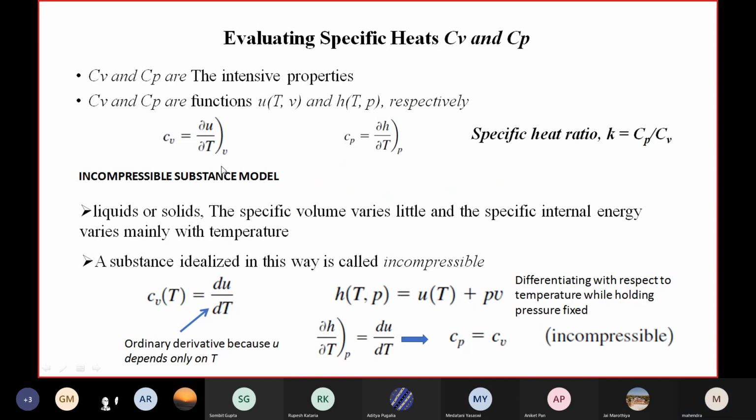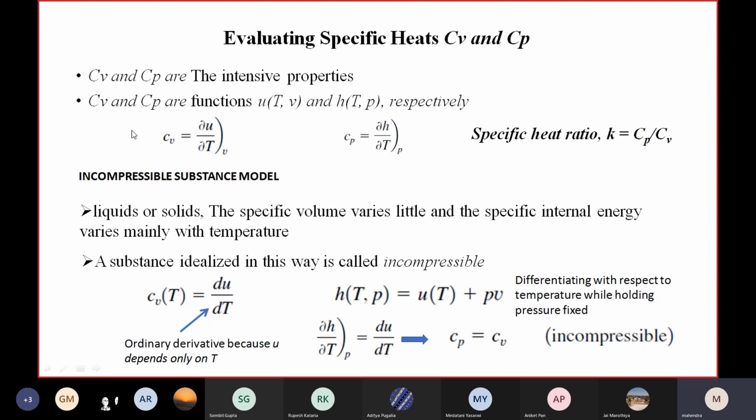Now this concept of specific heat at constant volume and specific heat at constant pressure can be applicable to which kind of materials? If the material is not compressible, not compressing at all, then where is the matter of a process at constant volume or constant pressure?